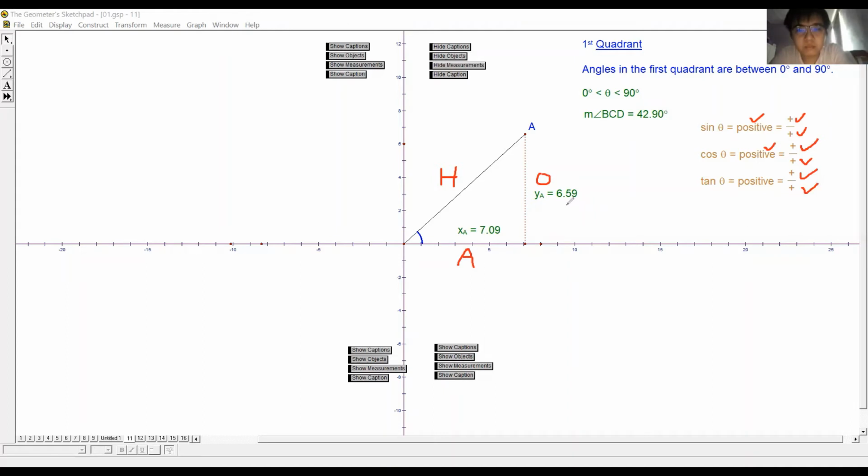As a result, tangent theta is a positive ratio. So you see the reason why we always say that in the first quadrant sine is positive, cosine positive, tangent positive. It is because of the coordinates. Both the x coordinate and the y coordinate in the first quadrant are positive.